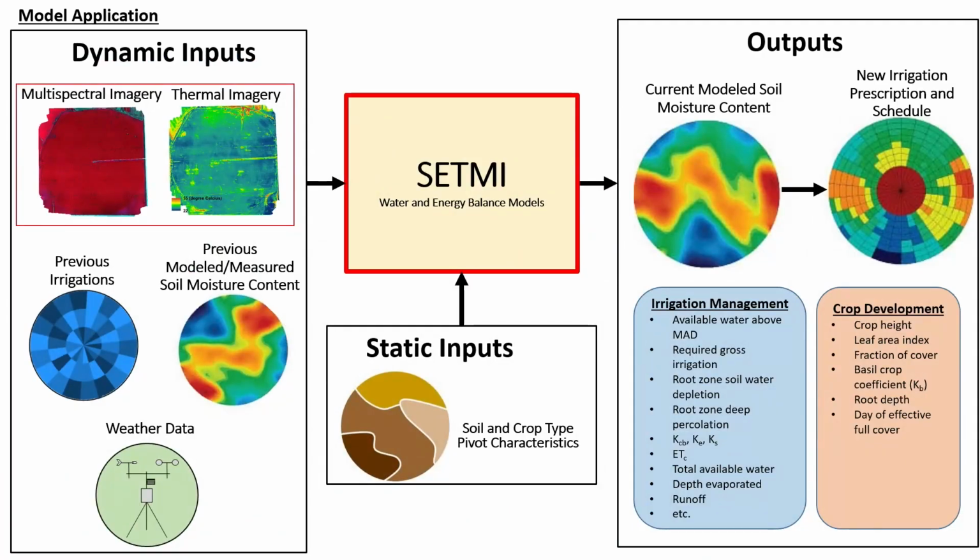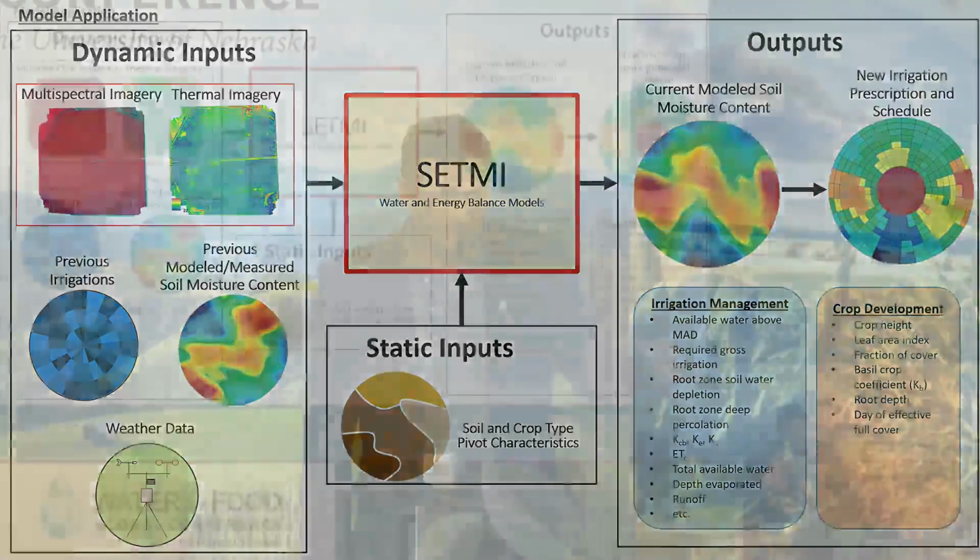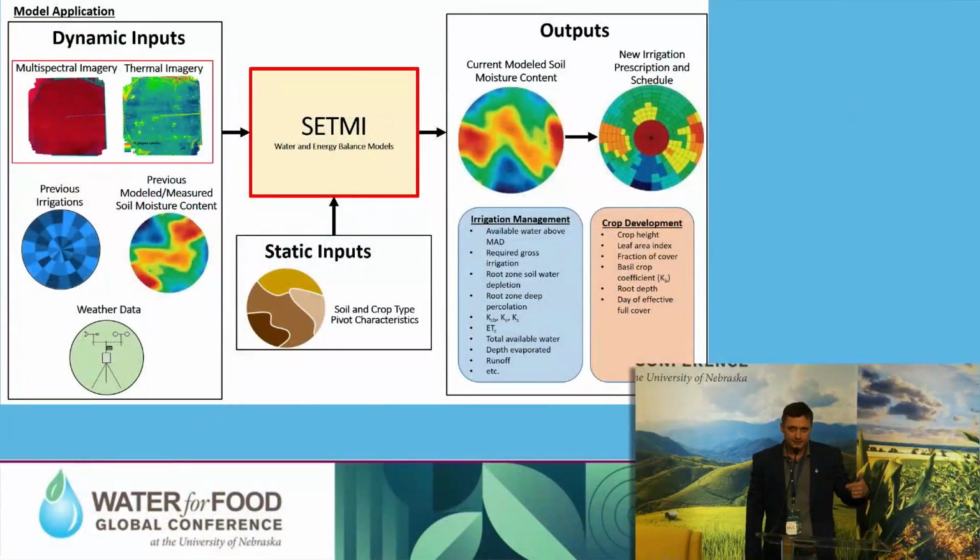I'm showing some inputs. We have a multispectral image, which is a remote sensing input for SETMI. The thermal imagery, okay? And then we have the previous irrigation as applied. We have to use weather data as an input. And for the soil water balance, we also need the soil properties information. All this information goes to SETMI.